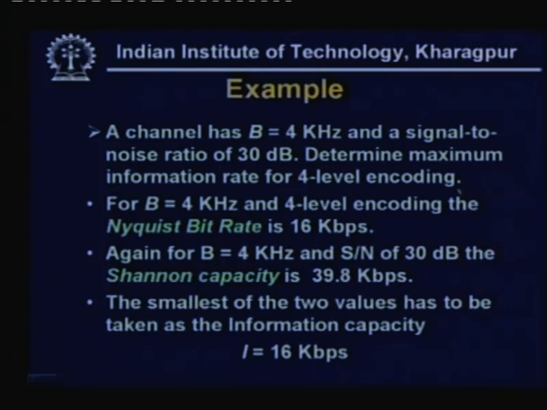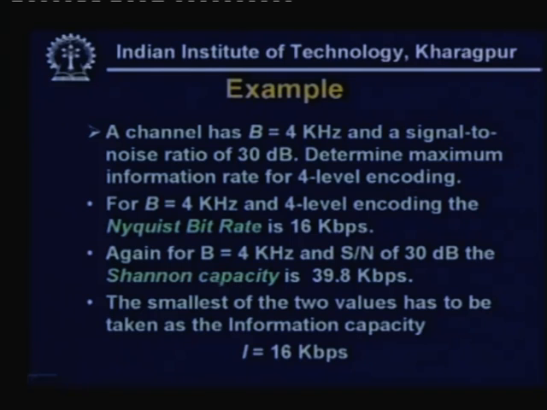Based on our Nyquist bit rate, we can calculate the value. For B equal to 4 kilohertz and 4 level encoding, we get 16 kilobits per second. That means 2 into B into log base 2 of 4. That means log 4 is 2. So 2 into 4 into 2, we get 16 kilobits per second.